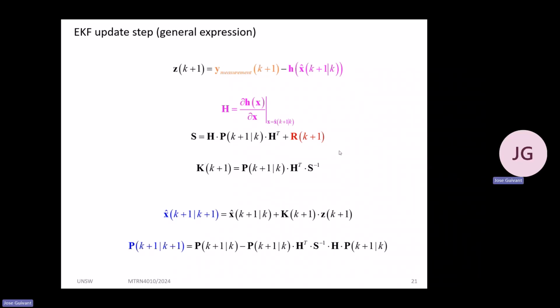All right, so we have this expression here, and what it is going to produce finally is the new expected value and the new covariance matrix, the posterior. They are talking about the same state vector, the state vector at time k+1. But they are exploiting the information that we got from this measurement.